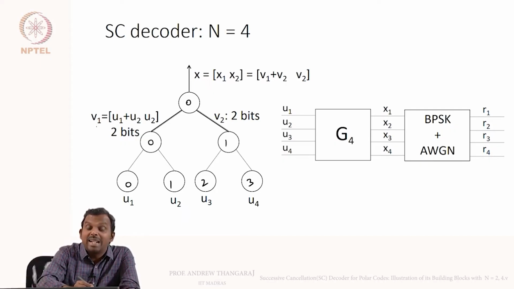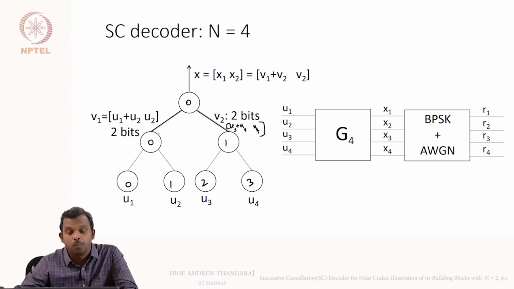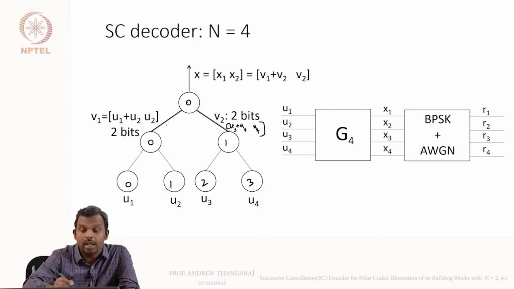You find an intermediate vector v1, which is u1 plus u2, u2, and v2 is again u3 plus u4, u4. Notice v1 and v2 are vectors of 2 bits, and these are combined again to find the code word x.